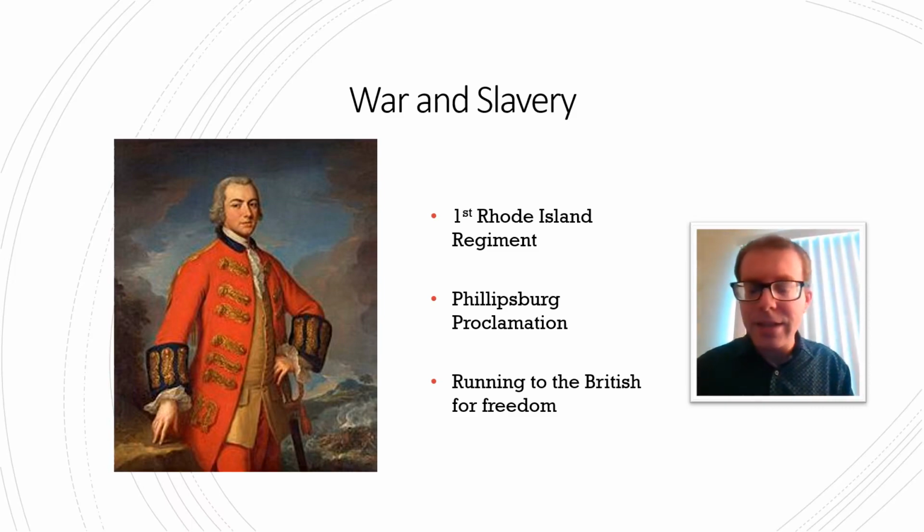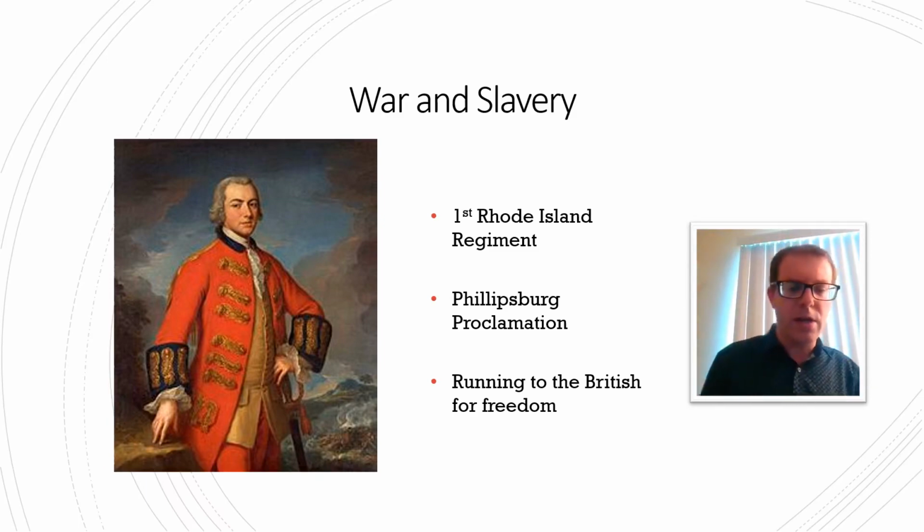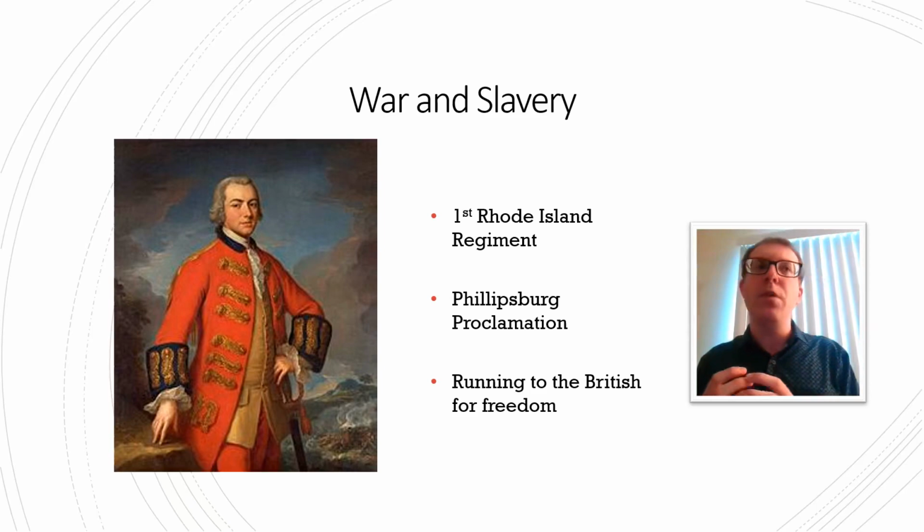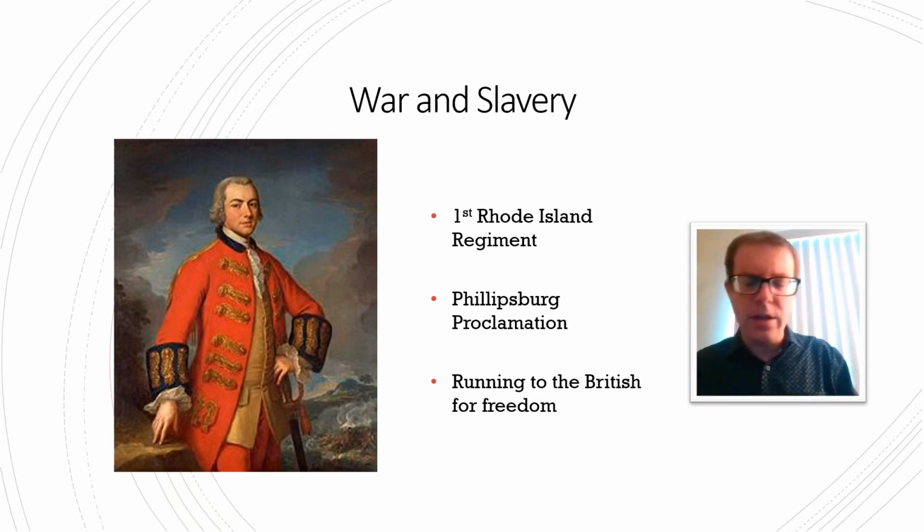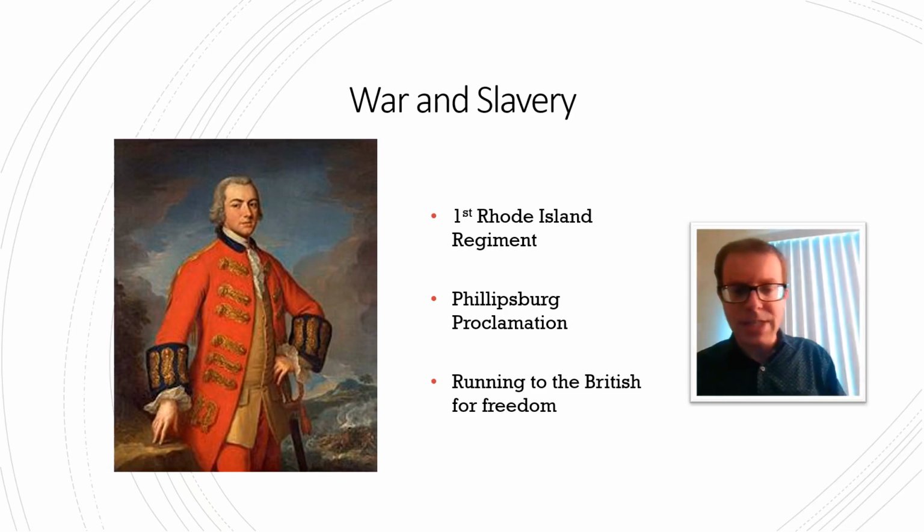In fact, it's the British who are more likely to give enslaved peoples their freedom. As the war moves south, and as the British, realizing their campaigns in New England and New York have failed, try to invade parts of the American South in 1779 and 1780.